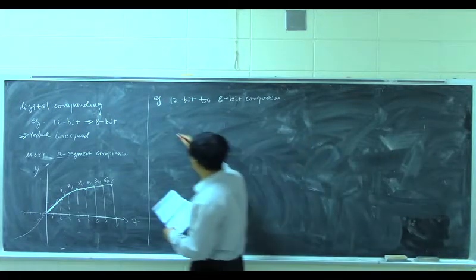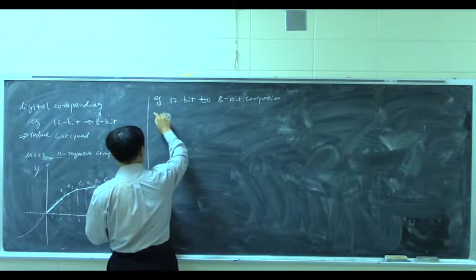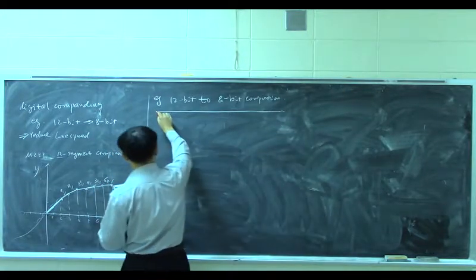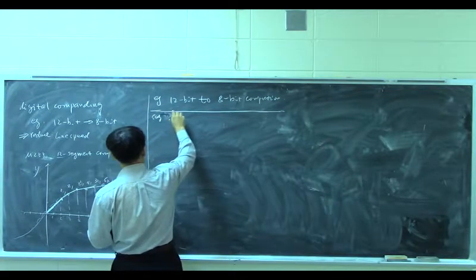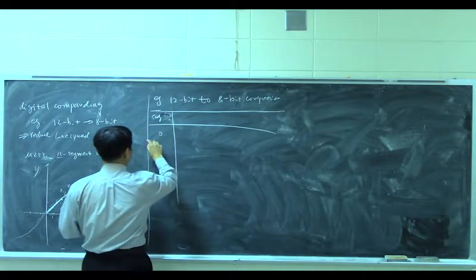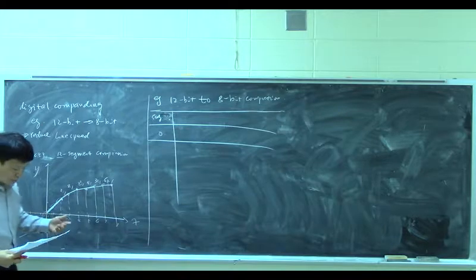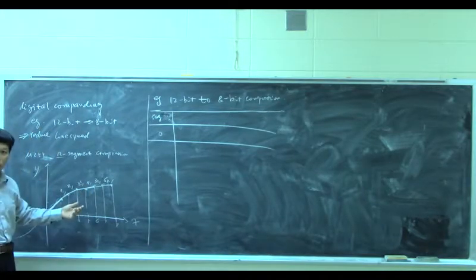The rules are about the segment. If the input is on the first segment, the 0th segment, the compression will be 0, no compression.